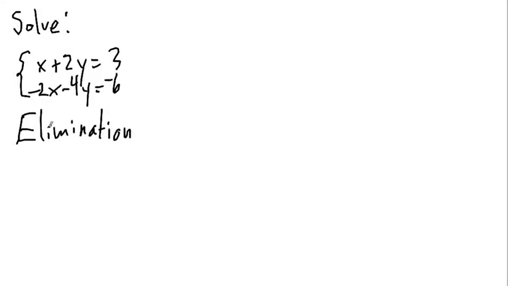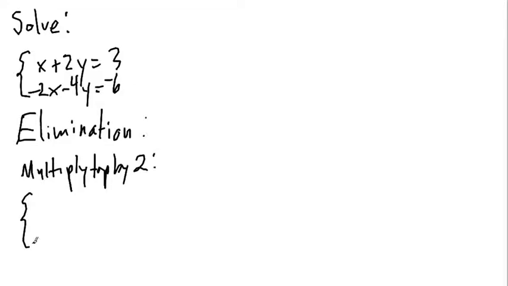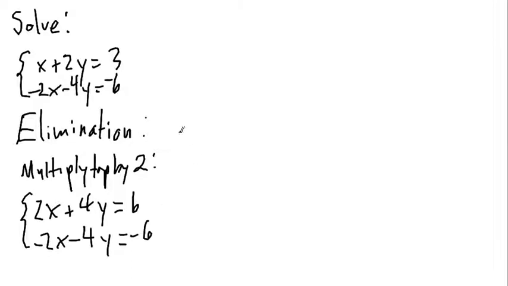Now what is going to be easy to eliminate? If I multiply the top equation by 2, then I'll have 2x minus 2x, that'll cancel. So let's multiply top by 2, and what we end up with is 2x plus 4y is equal to 6, and negative 2x minus 4y is equal to negative 6.